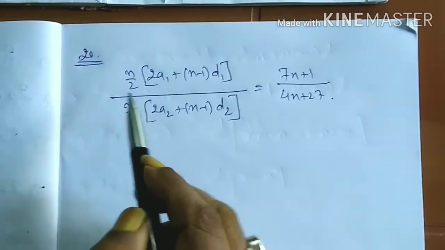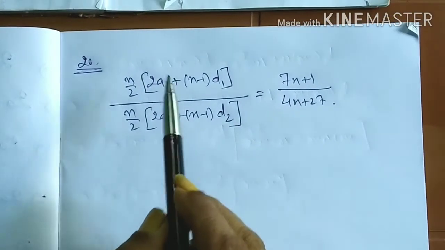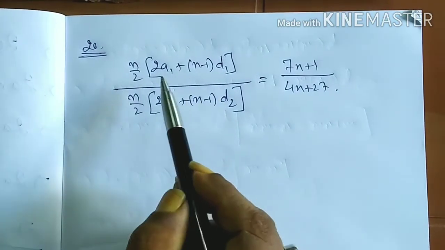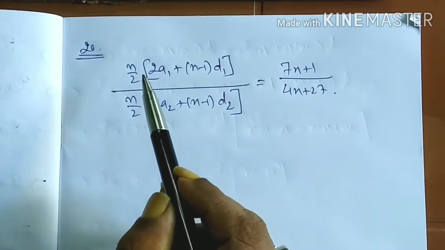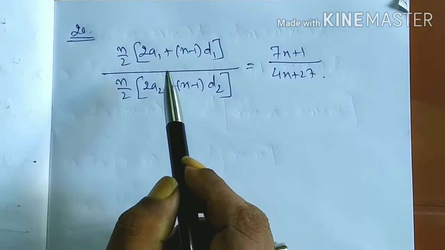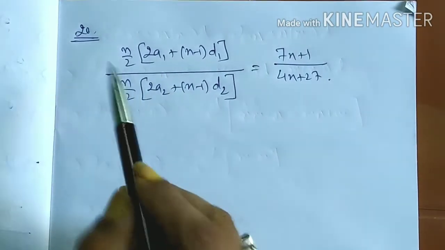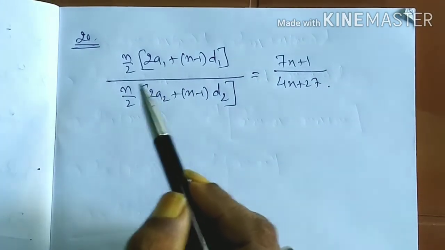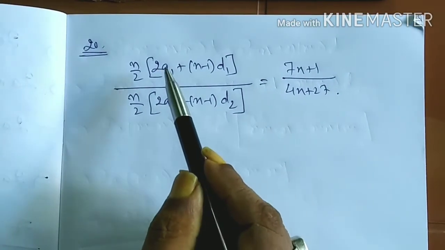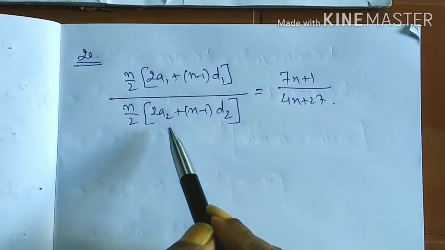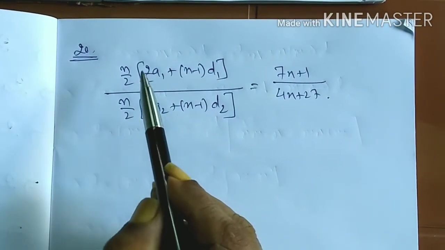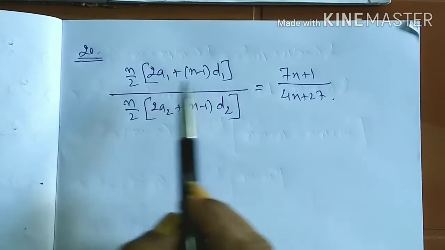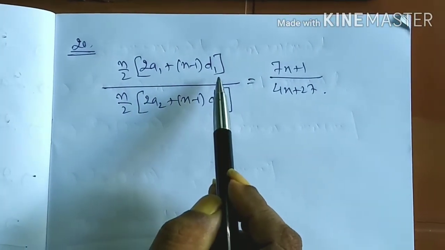Since in the question two arithmetic progressions are given, there are two different arithmetic progressions, and we are taking the sum of the n terms of both arithmetic progressions separately.